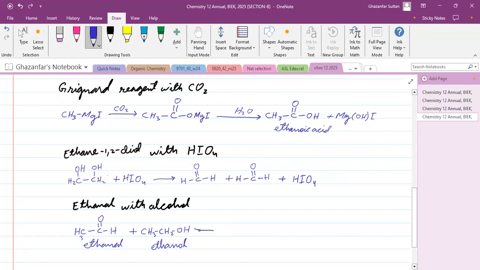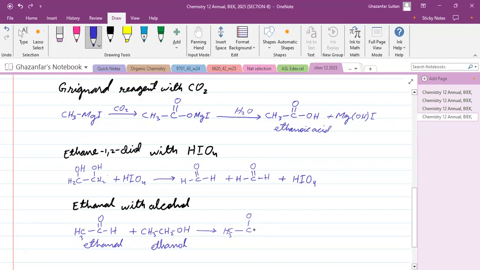The product is a hemiacetal. See what happens. First, the alcohol acts as a nucleophile, and it reacts on the electrophilic carbon of the aldehyde.